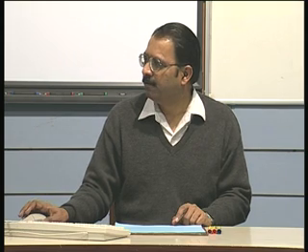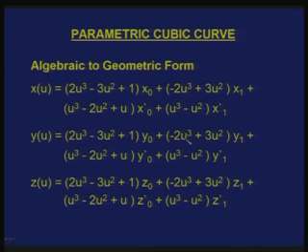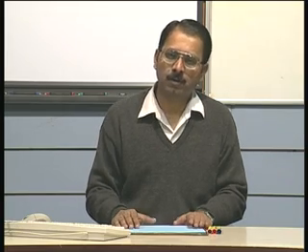The same form can be extended to represent the y, and also I can represent for the z. Now, this is, you can say, the most common form of a parametric cubic curve which is used. If I want to go one order lower, let us say a quadratic equation, or a linear form, they are all like a subset of this.